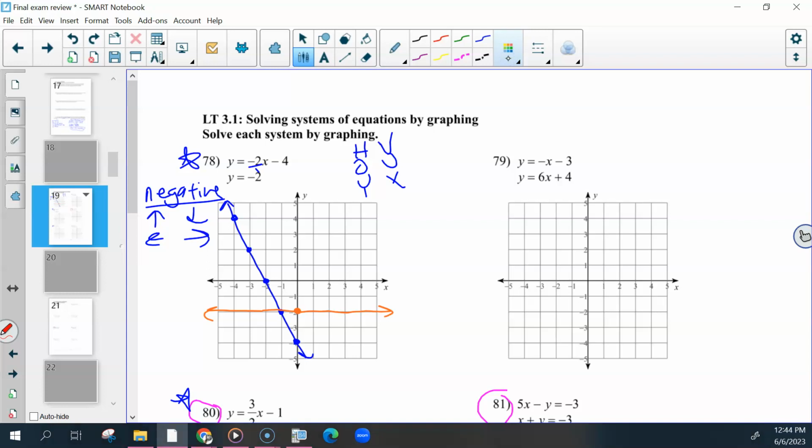And then you're looking for where those two lines intersect or cross, and you would write that as the order here. X and then Y. Question on that one before we do the next one?